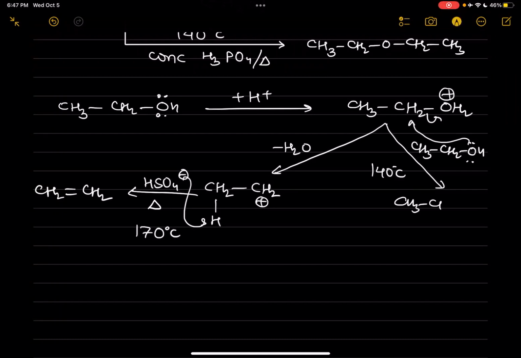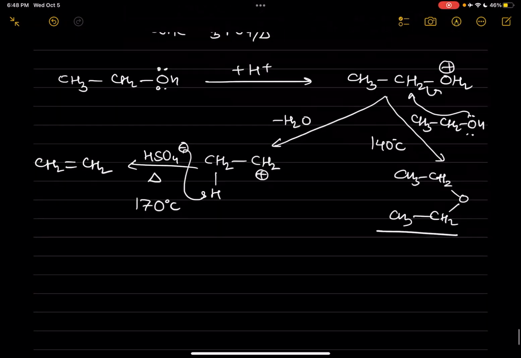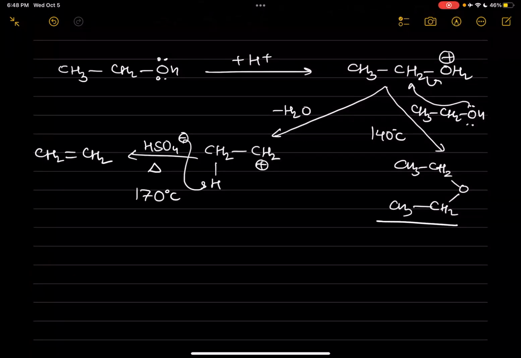The water will get removed, but you will have two molecules joined by an oxygen atom. So you are going to get diethyl ether, right? I hope it is clear to all of you. Any doubts in this?